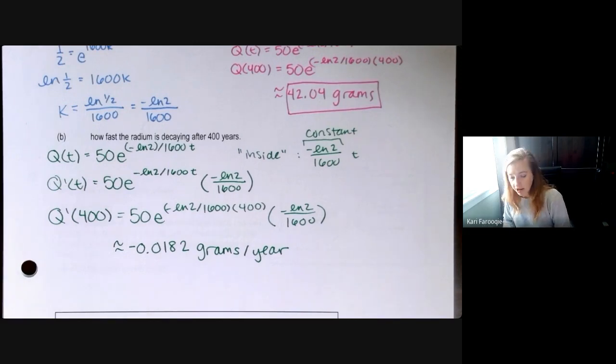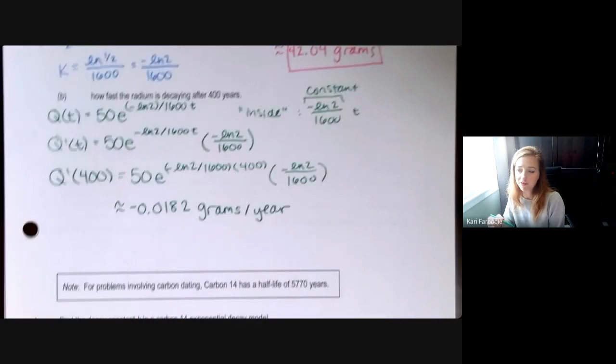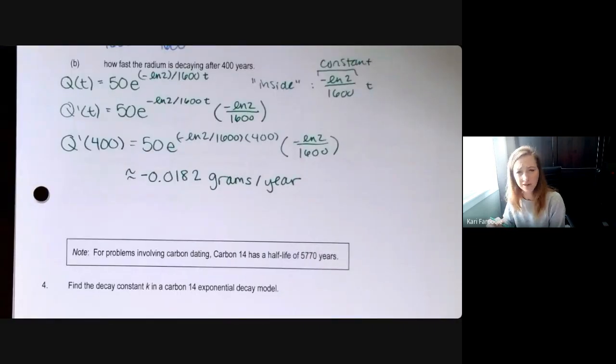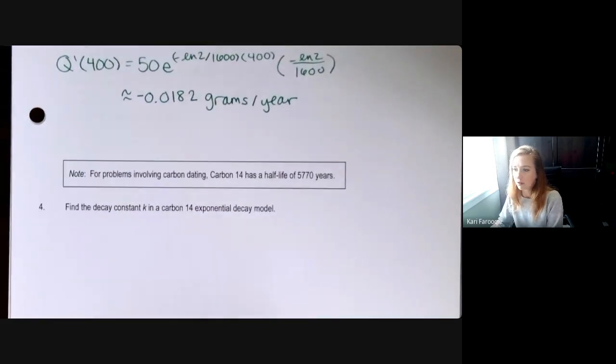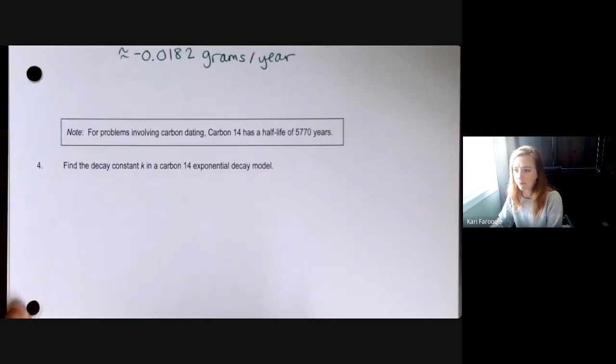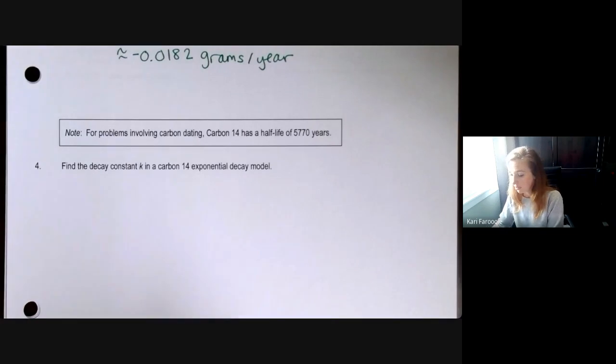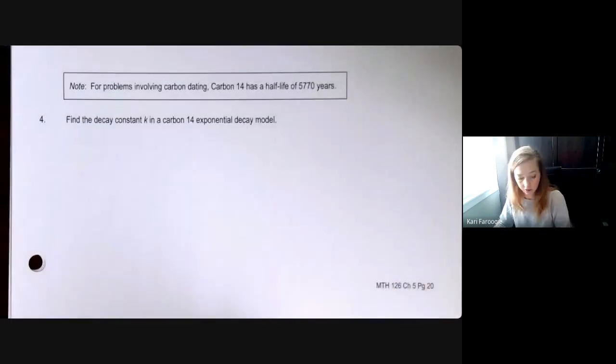Okay. Now we'll talk a little bit about carbon dating. For problems involving carbon-14, carbon-14 has a half-life of 5,770 years. You'd like to see that box, wouldn't you? I mean, it is on your notes. But all right. So let's go ahead and work on one of these carbon problems.